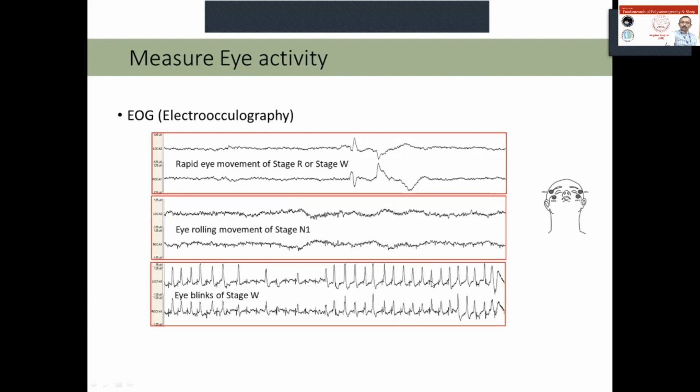So if you see sharp positive deflections in both the eyes, then it is a blink. If the sharp deflections are going in the opposite direction, it is because of eye movement. And eye blinks occur only when you are awake and eyes open, but eye movement can occur even if you close your eyes and even if you are in sleep like REM stage.